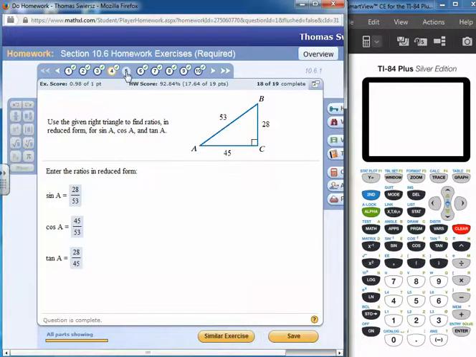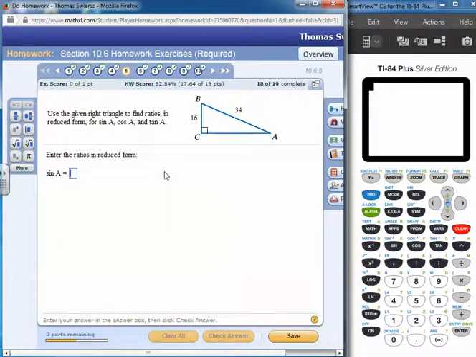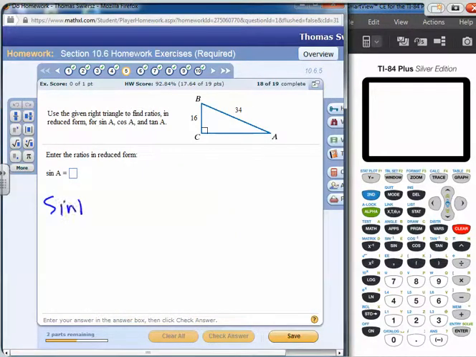All right, very good. Let's look at homework exercise number 5. Okay, this time we have: use a given right triangle to find the ratios in reduced form for sine of angle A, cosine, tangent. Okay, sine of angle A equals opposite over hypotenuse.